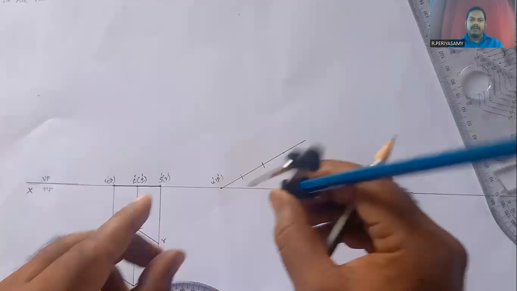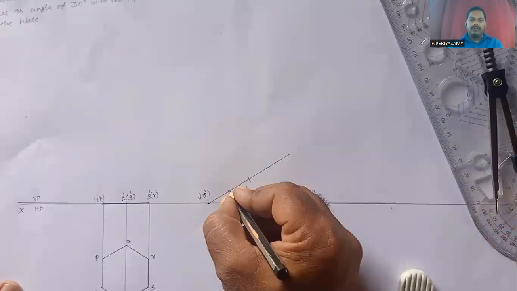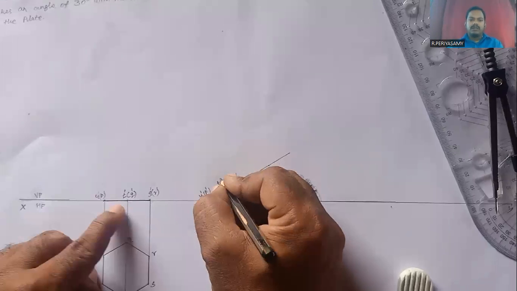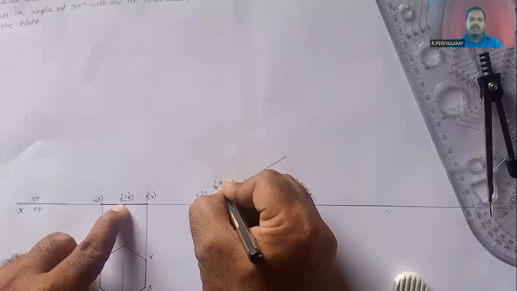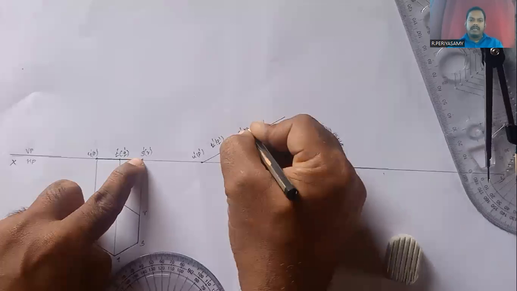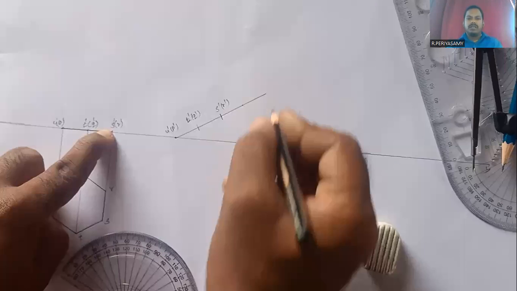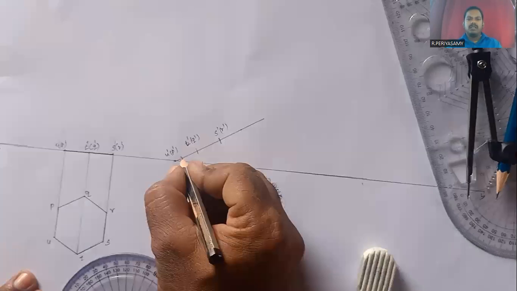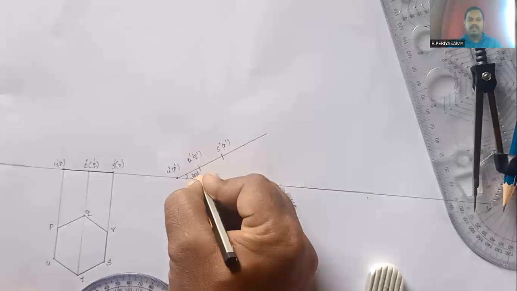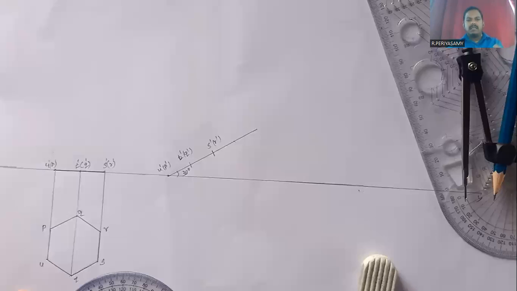So we give the names here T dash Q dash, here S dash R dash. Finally, we mention U1 dash P1 dash, T1 dash Q1 dash, S1 dash R1 dash, because already U dash P dash, T dash Q dash, S dash R dash we mention in front view projection.